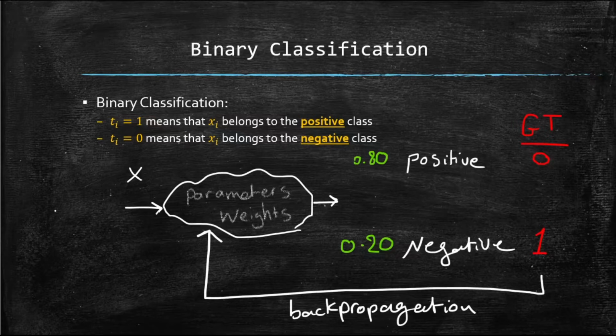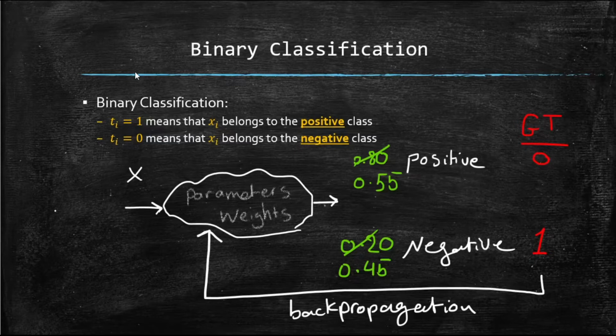You'd like it to be more confident about the negative class, so you'd like it to predict something around, I don't know, 55, 60, 45. Then you would have 45 here. So it's doing a far better job compared to the previous input.